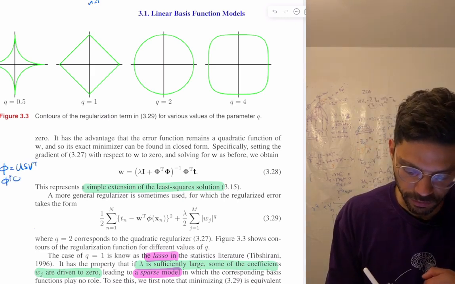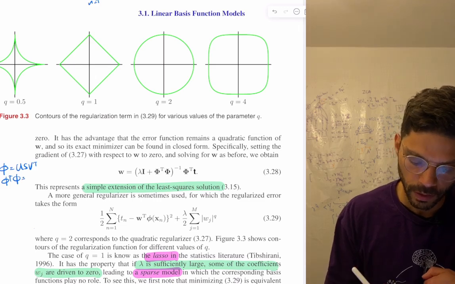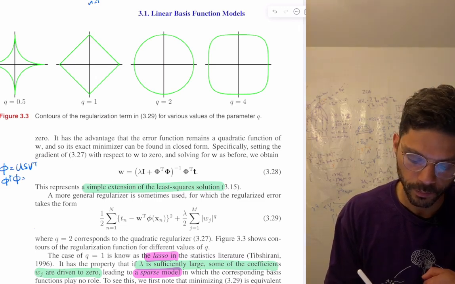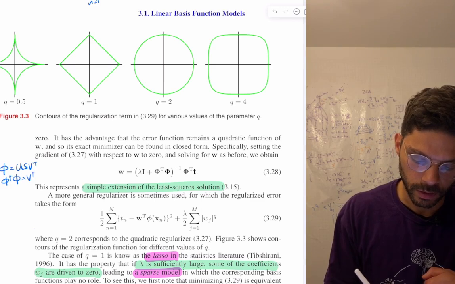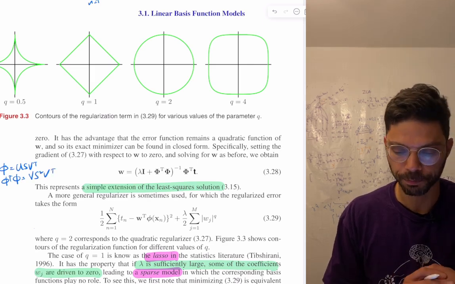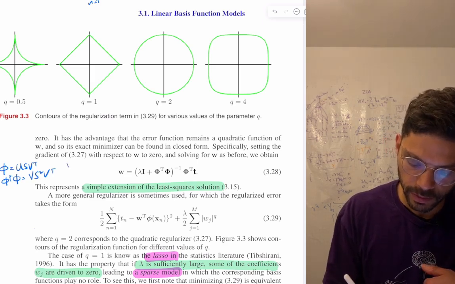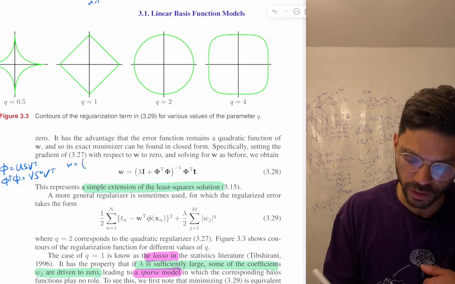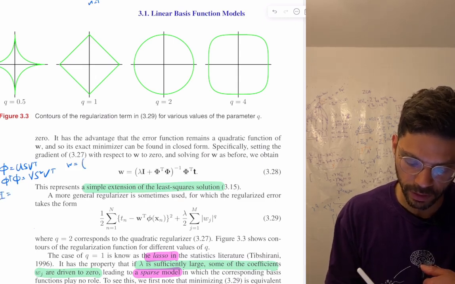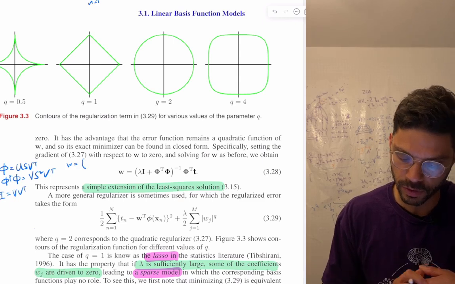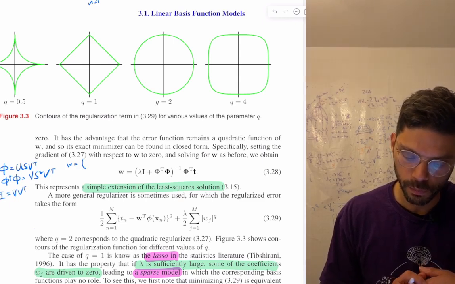Then phi t phi is going to be V S squared V transpose. Now we can write the weight, and also keep in mind that I can be written as V V transpose.